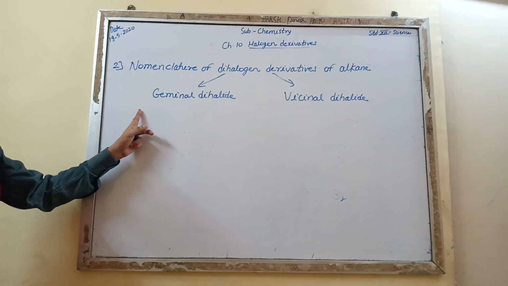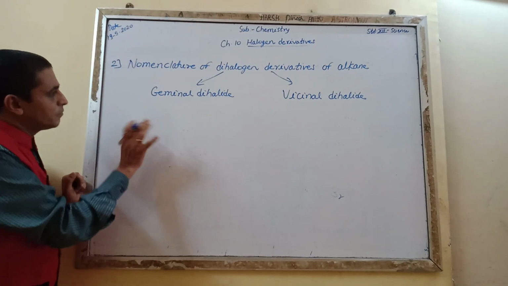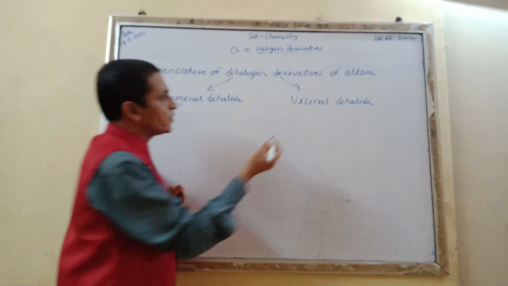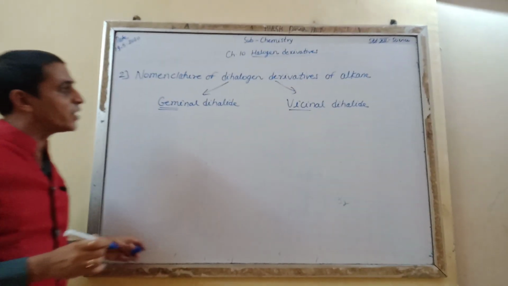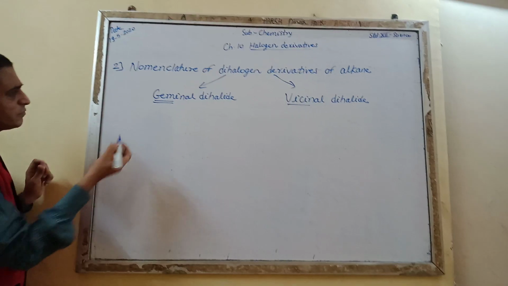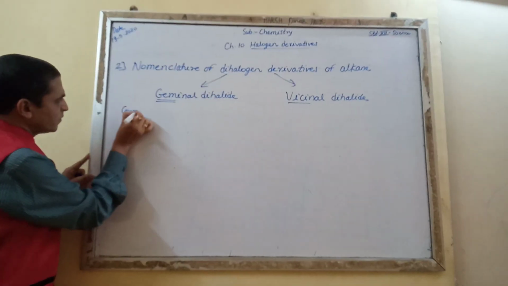In geminal dihalide, both the halogen atoms are attached to the same carbon atom. You remember geminal means same. And in vicinal dihalide, both the halogen atoms are attached to adjacent carbon atoms. We can consider directly its common name.